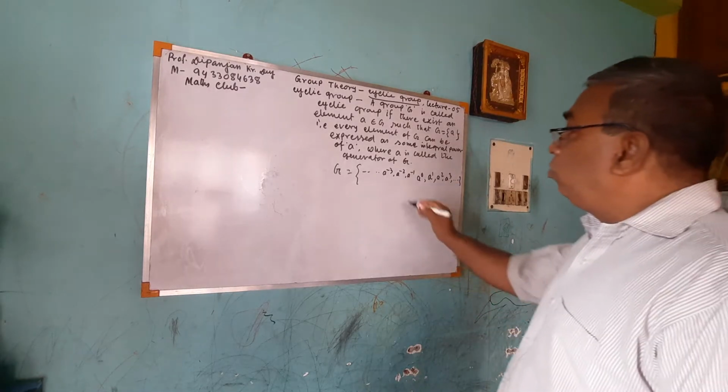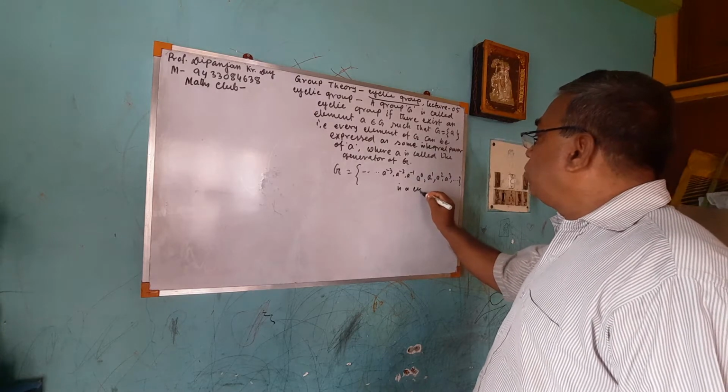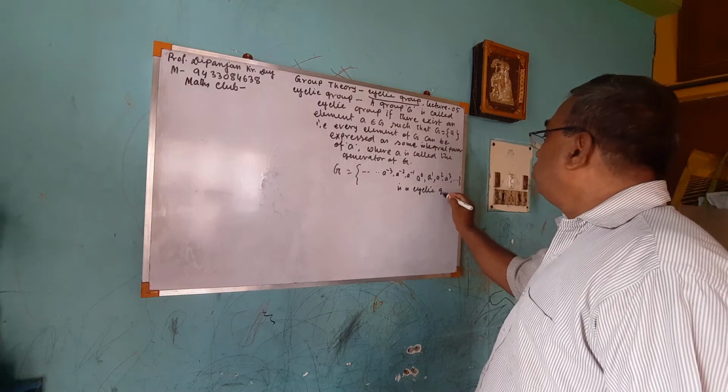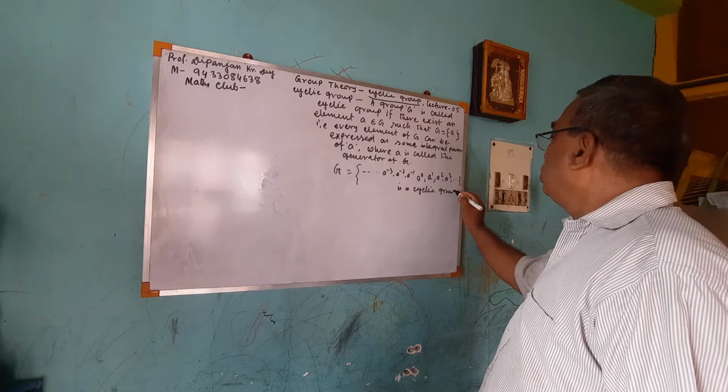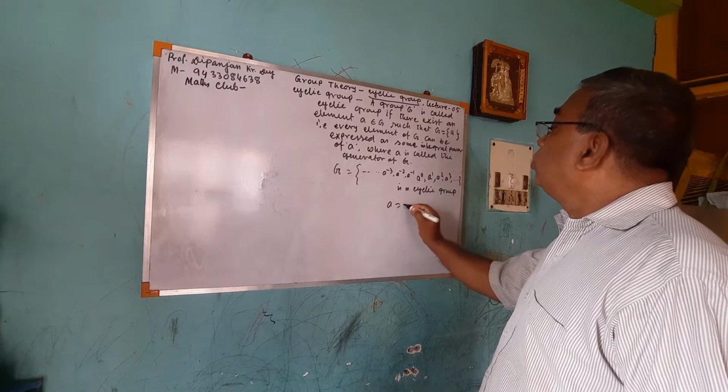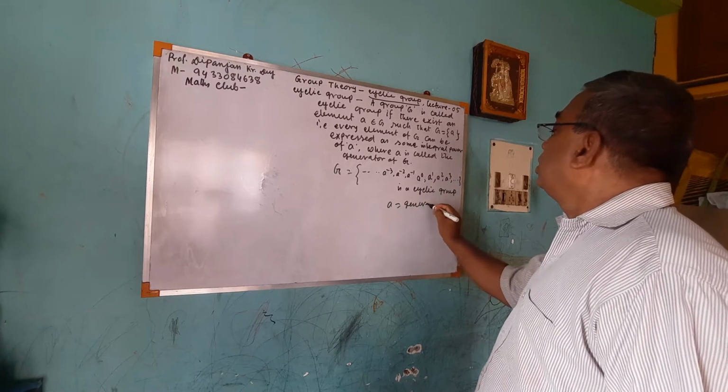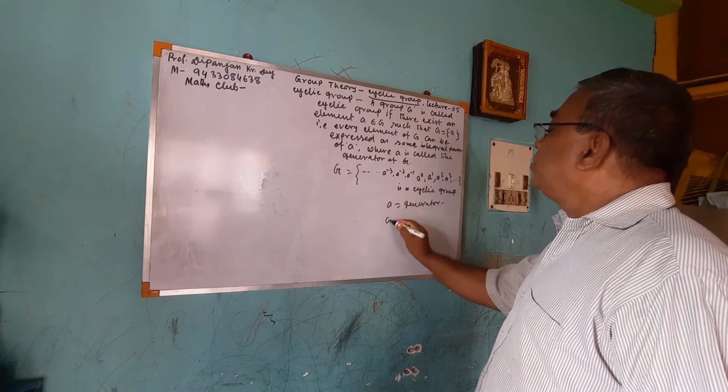This is a cyclic group, where a is the generator.